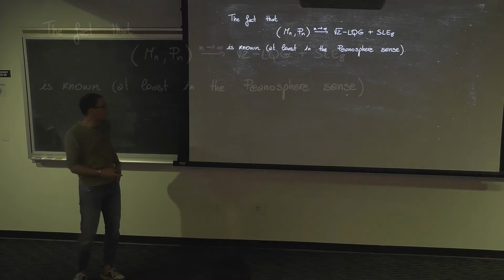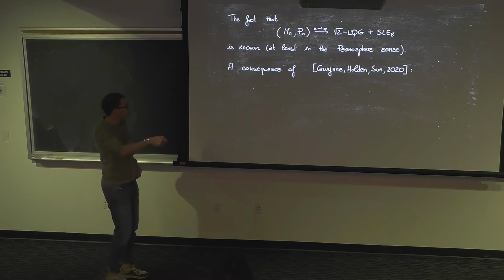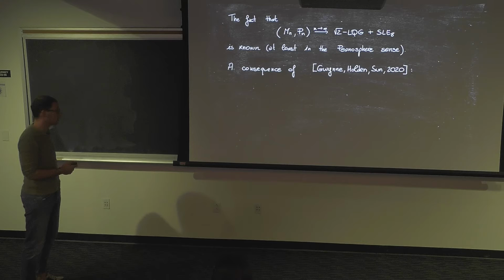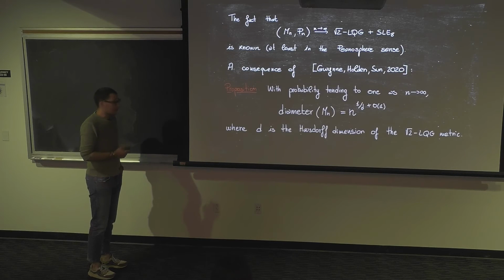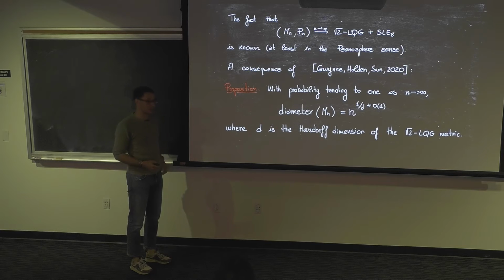It's too complicated to tell you how it's defined, but it has an important consequence: this fact, plus some work of Ewain, Nina, Holden, and Shin, gives us immediately the following result. This is a rigorous result.